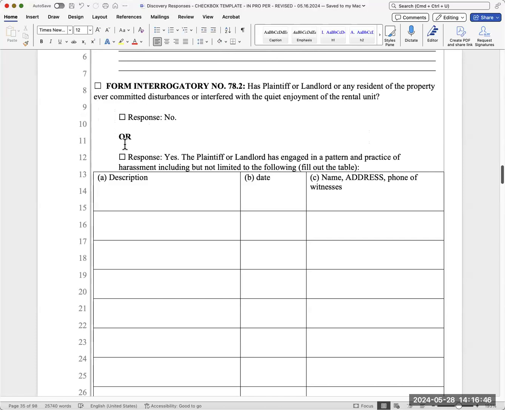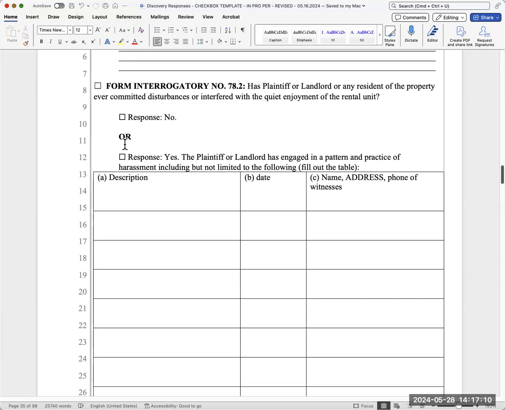However, if the landlord or someone else in the building has in some way disturbed your quiet enjoyment of the unit, noisy apartment, any type of noise or disturbance, sometimes people can be loud and violent, and cause really inappropriate disturbances on the property. You report them to the landlord.